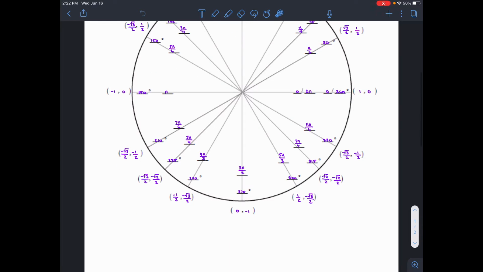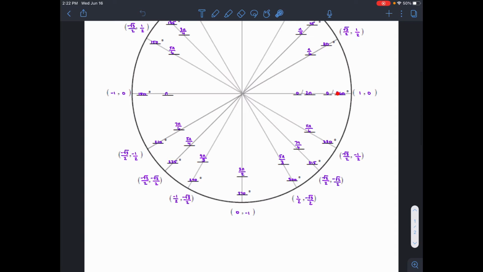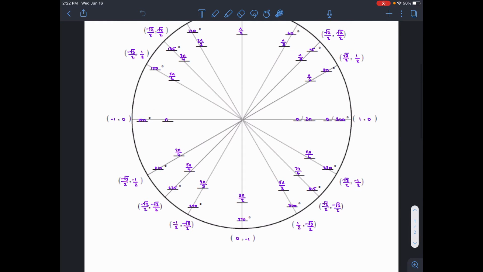From 180 to 270 midway is 225, and then plus or minus 15 would be 210 or 240. And from 270 to 360, the midway is 315, and then plus or minus 15 would be 330 or 300.